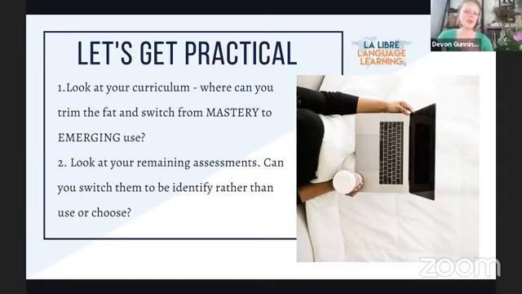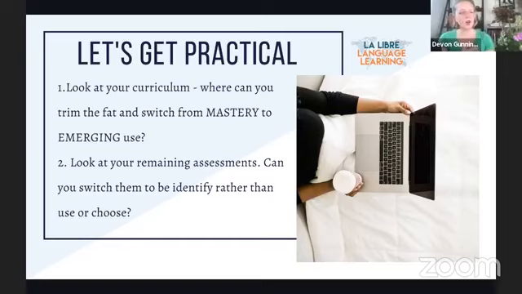Number 2, this is something I used to do a lot too, especially when ser versus estar was still a part of my Spanish 1 curriculum. And I was like, I read some research. I don't like that. So can you switch to identify rather than use and choose?